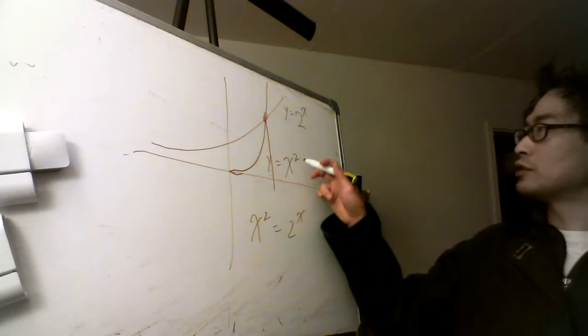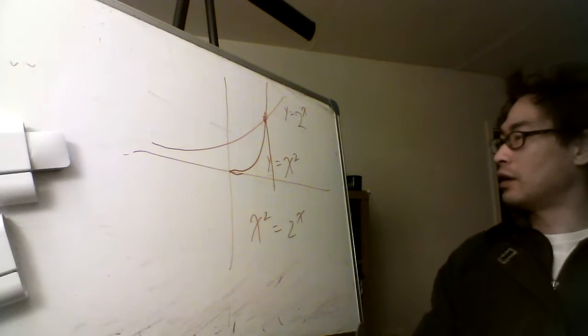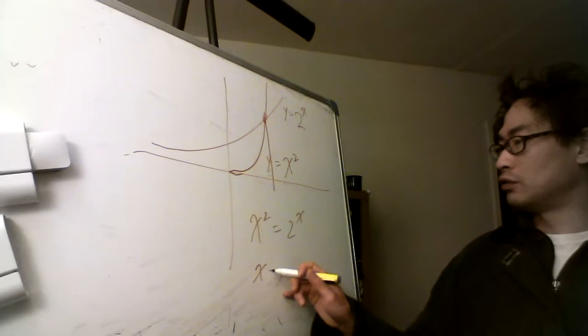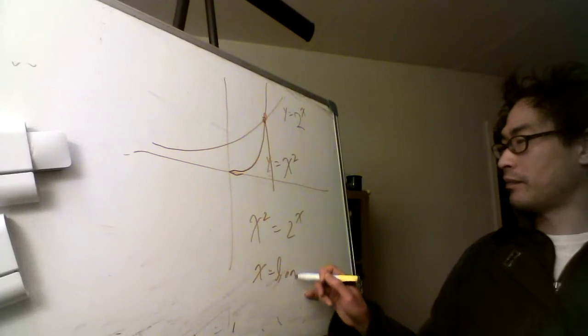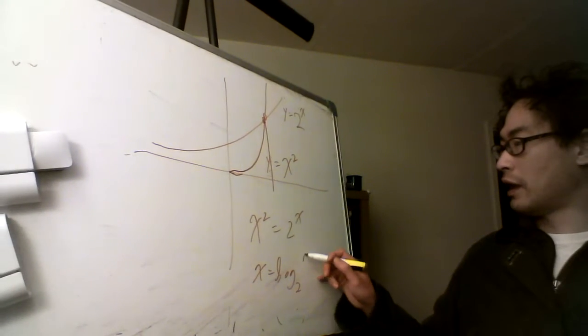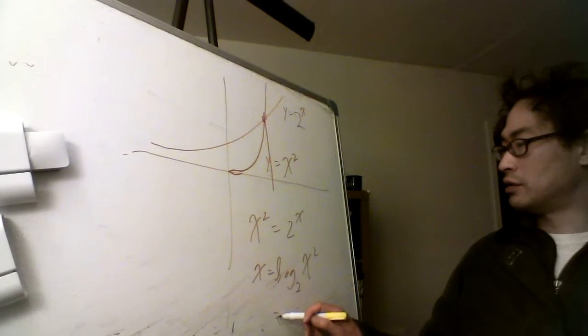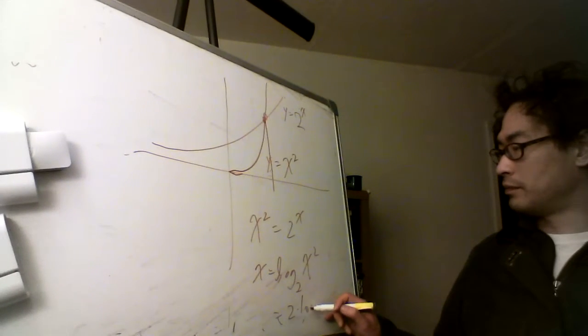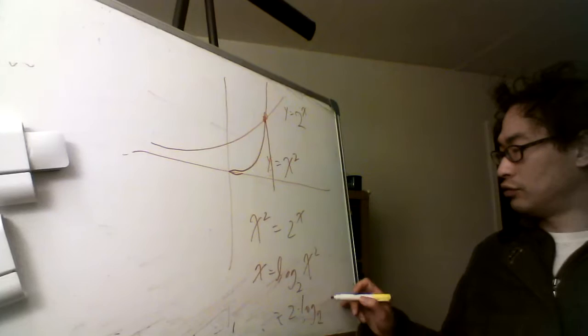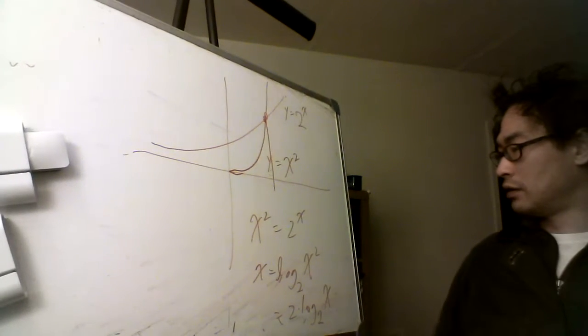Your y is equal to x squared and y is equal to 2 to the x, okay? So x is equal to logarithm base 2 of x squared, which is 2 times logarithm base 2 of x.